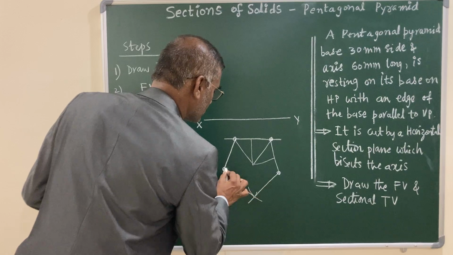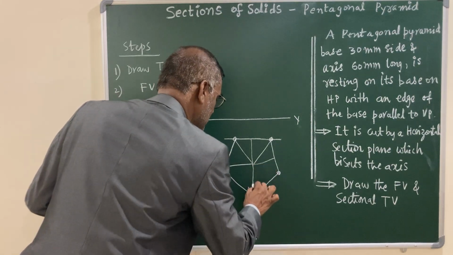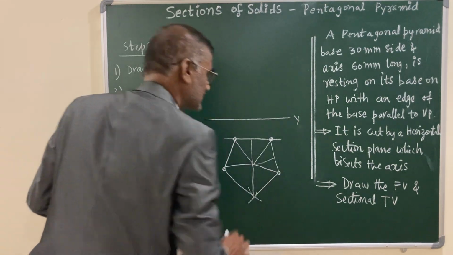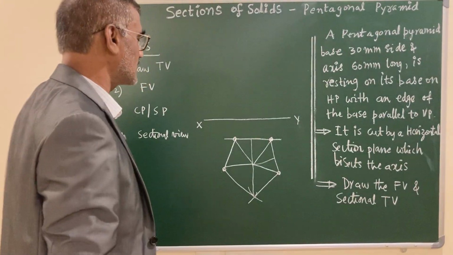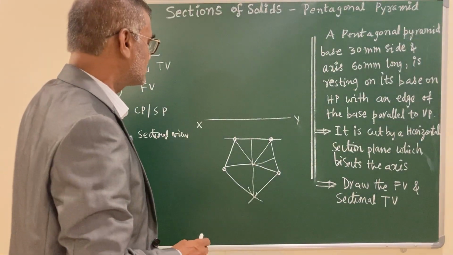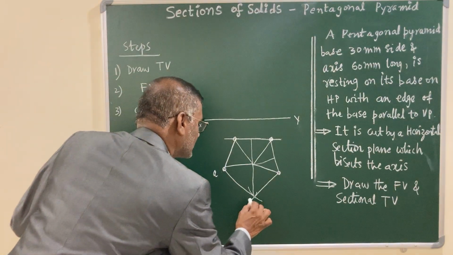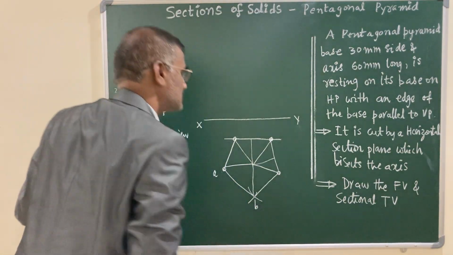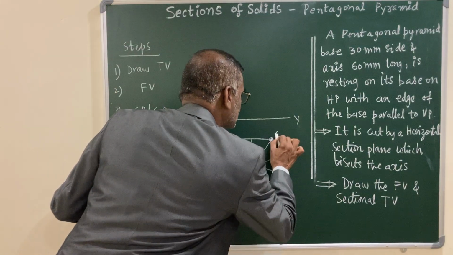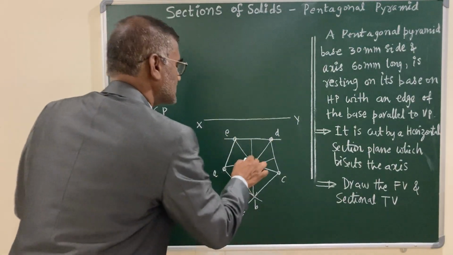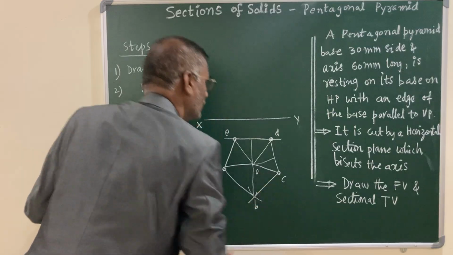All this you are doing with an HB to H pencil. Remember that you are not highlighting anything. So first you complete the projections, and now you give the names for the corners. As you know, name the base corners A, B, C, D and E. Let us give the midpoint as O.